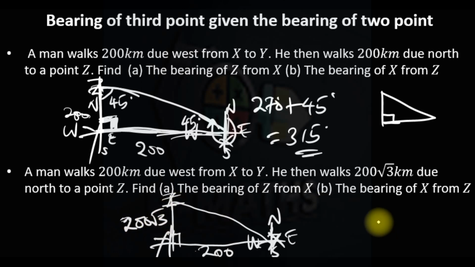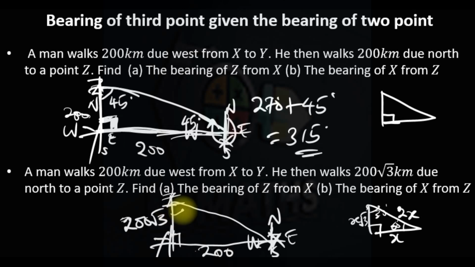Without wasting time, there's a theorem called 30, 60, 90. If you have 30 degrees, 60 and 90, the ratio of the sides is 1 to root 3 to 2. Once you know the one opposite 30, you know the other one. The other one is x times root 3, while this is 2x. So here is 200, here is 200 root 3.